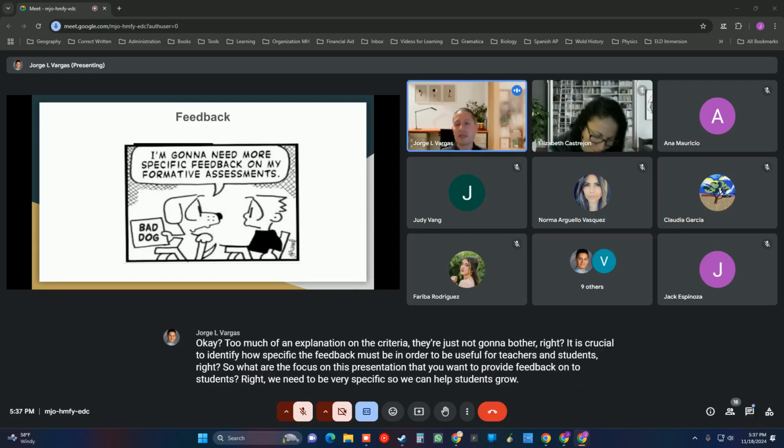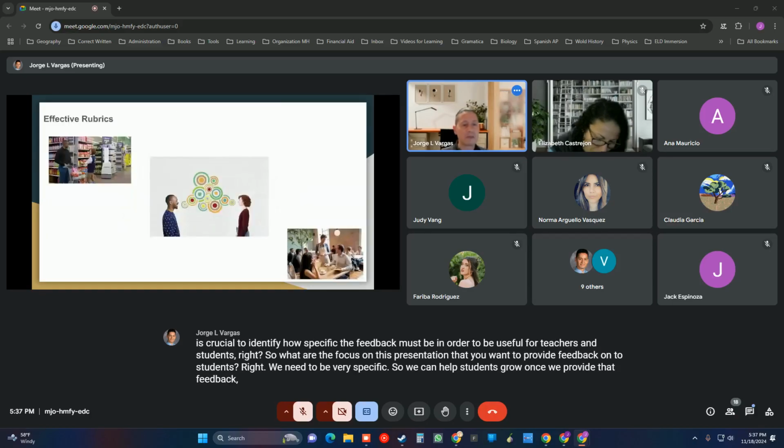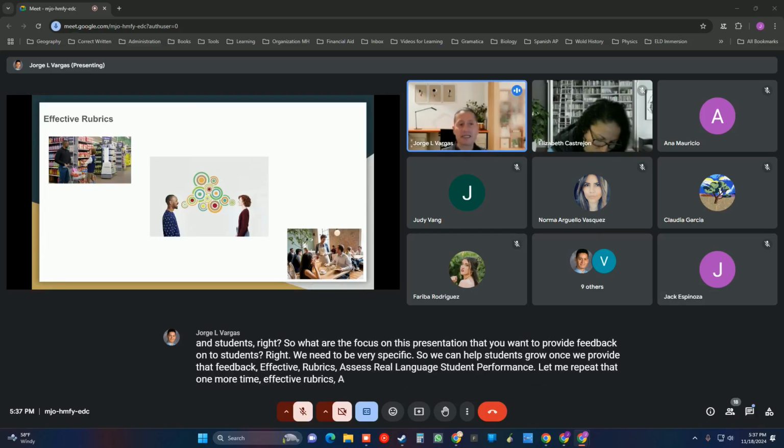Now, right, there are two types of rubrics that we can create. We can create the holistic rubric and the analytic rubric. Now, both of them have advantages and they also have disadvantages. The advantage of a holistic rubric is that all criteria are evaluated simultaneously, right?